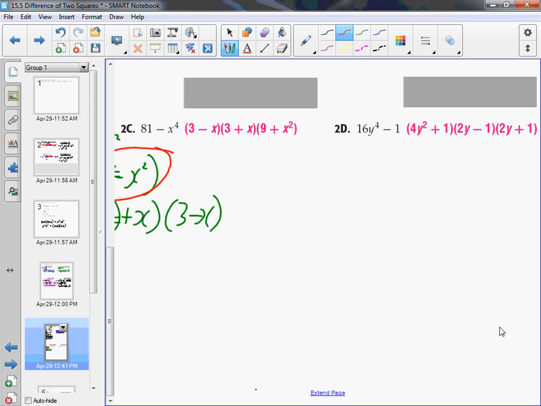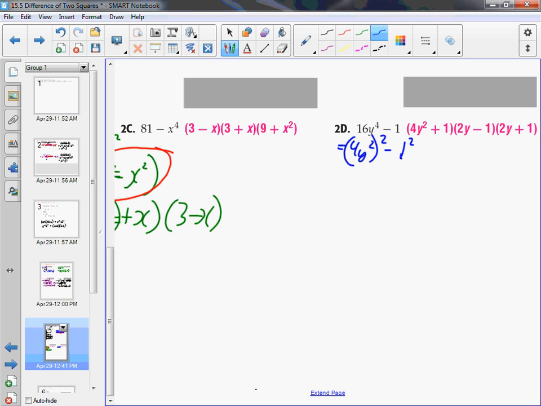Let's see if you got what they got. All right, I see some head nodding. That's a good sign. All right, 16y to the fourth is a perfect square. It's 4y squared, squared. 1 is a perfect square.